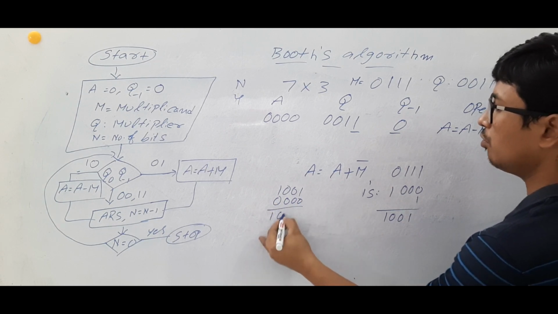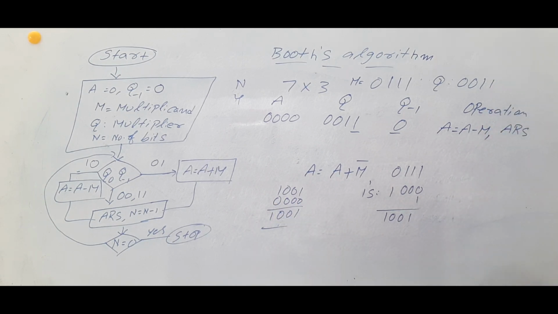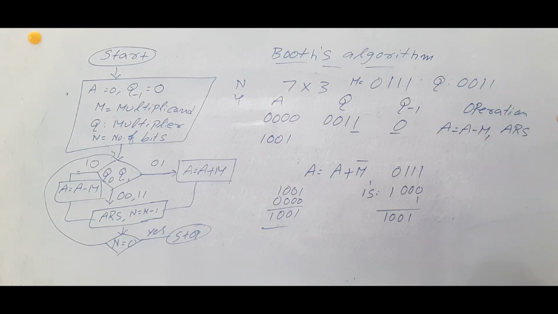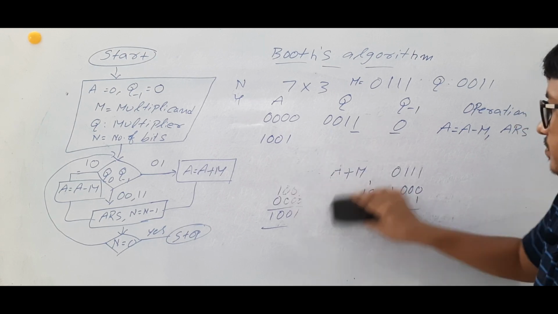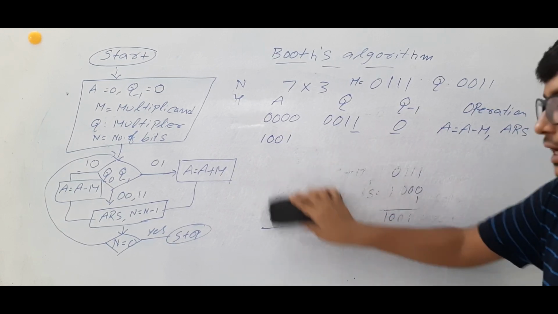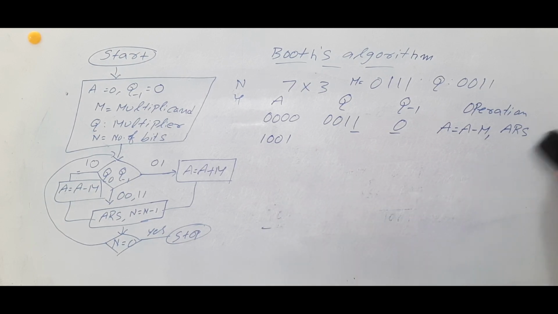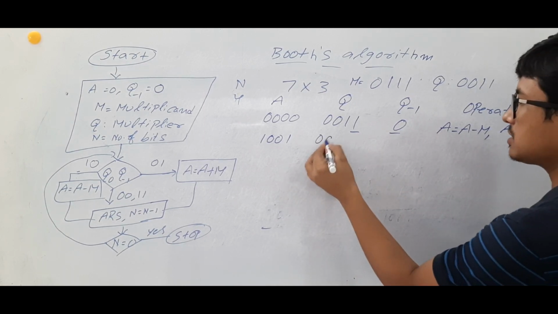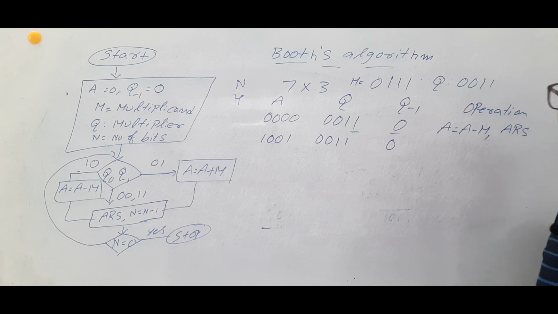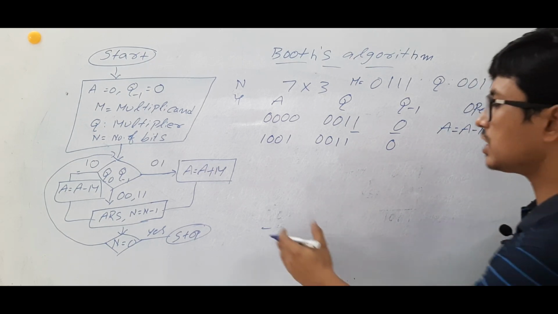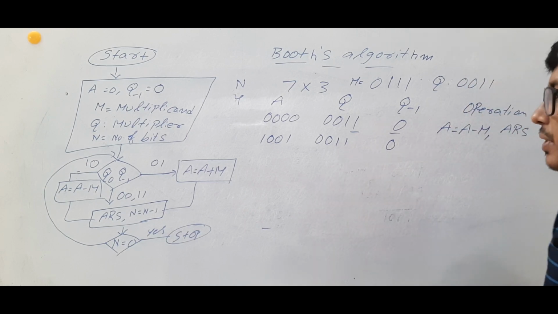You will get 1001 only. So write that value, 1001. We have performed the operation A is equal to A minus M. Then write the Q value as it is and q minus 1 also as it is. Now we have to perform the arithmetic right shift. Please watch the arithmetic right shift properly.